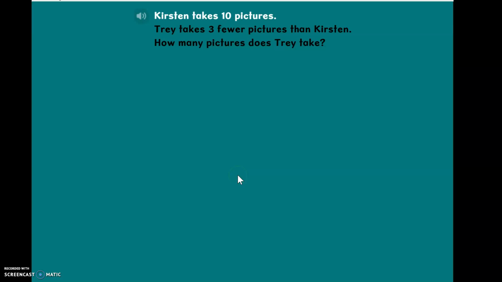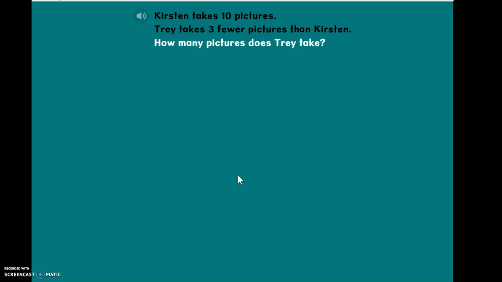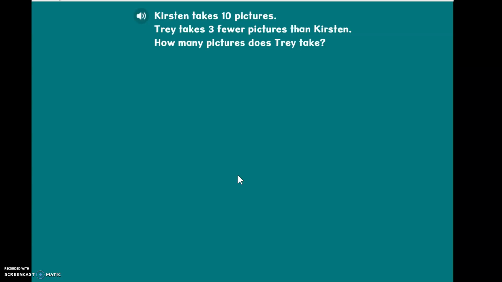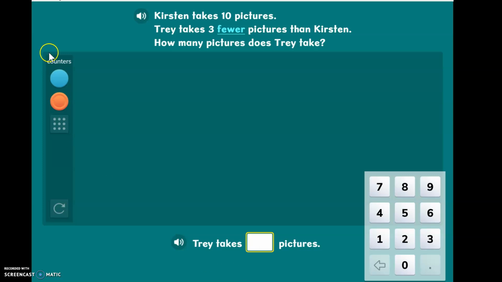Kirsten takes 10 pictures. Trey takes 3 fewer pictures than Kirsten. How many pictures does Trey take? Okay, so we're going to do Kirsten's.